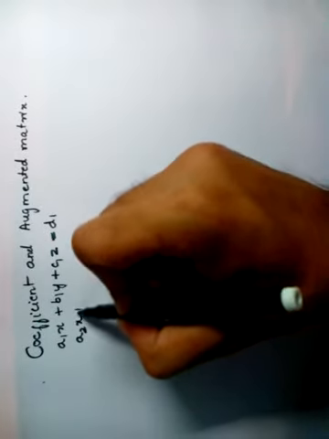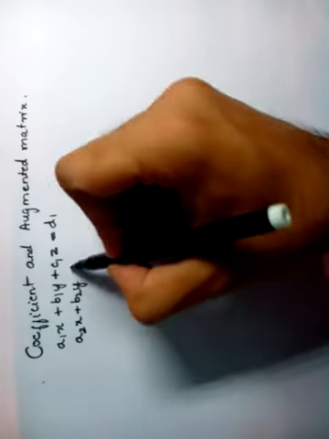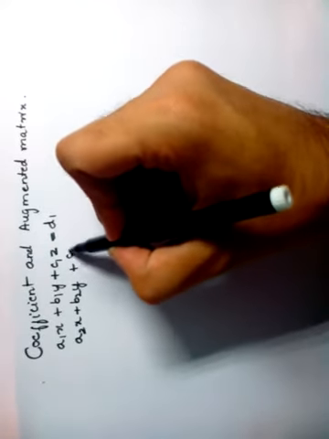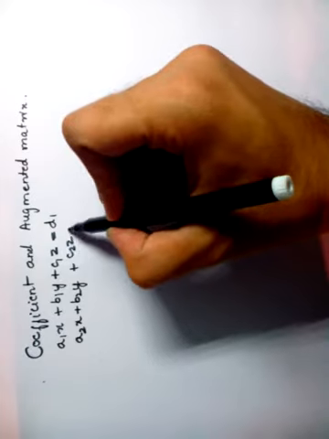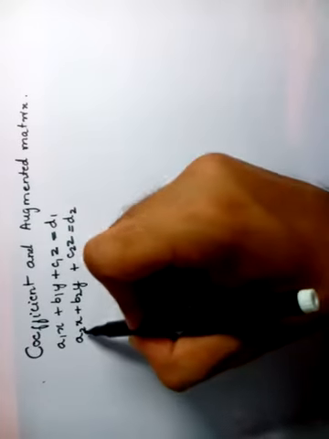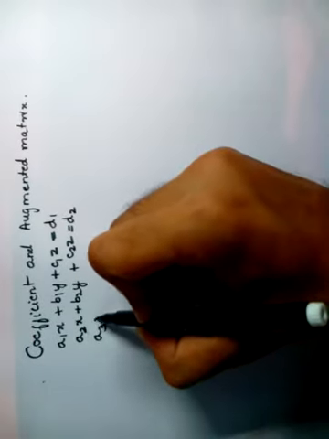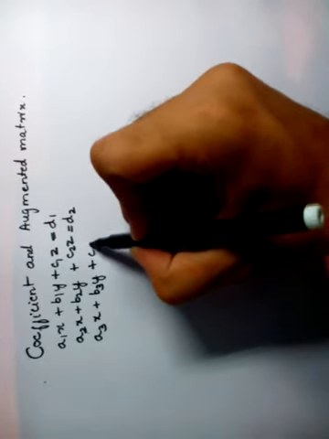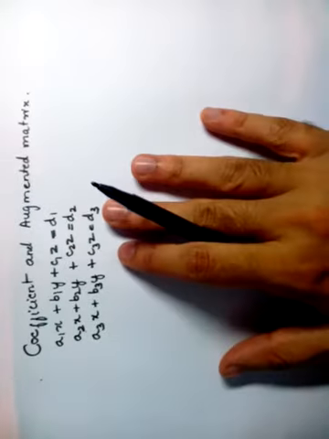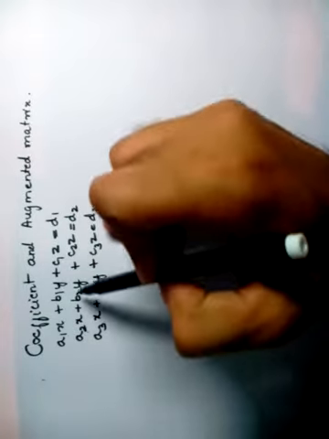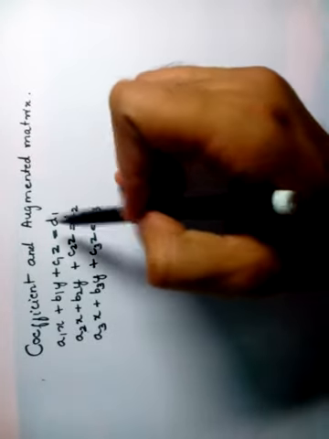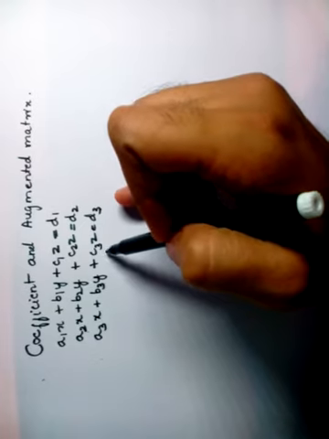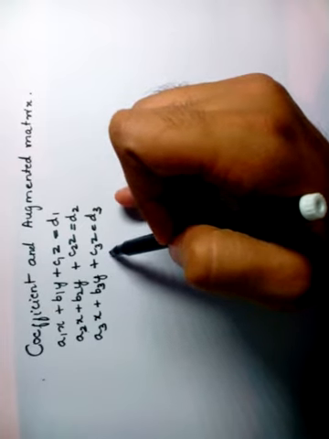Similarly, a2x plus b2y plus c2z is equal to d2, and a3x plus b3y plus c3z is equal to d3. So in these linear equations, let a1 b1 c1, a2 b2 c2, a3 b3 c3, d1 d2 d3 be coefficients.